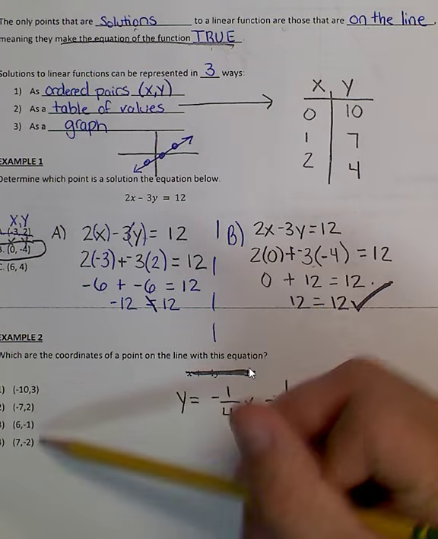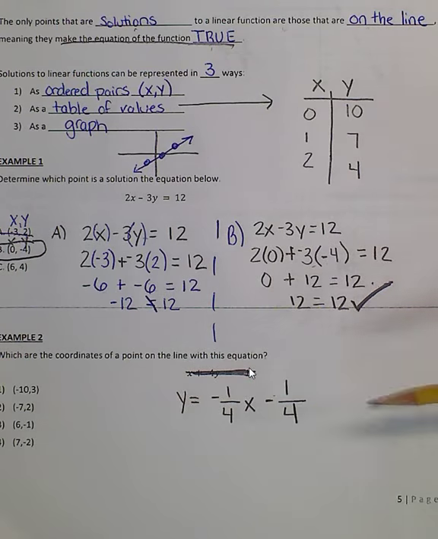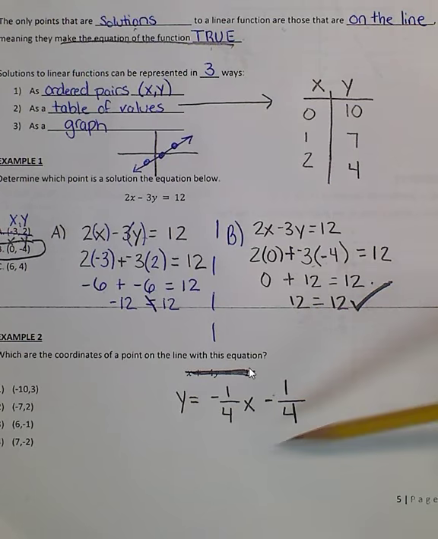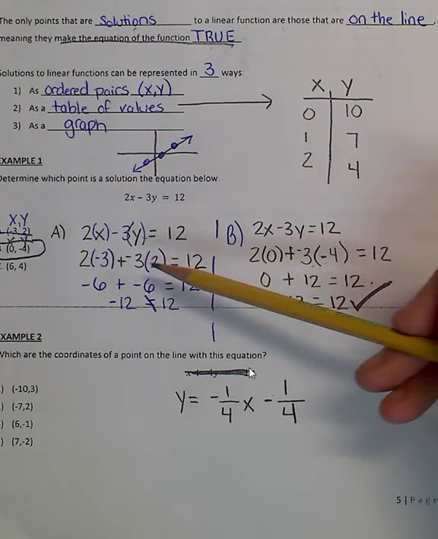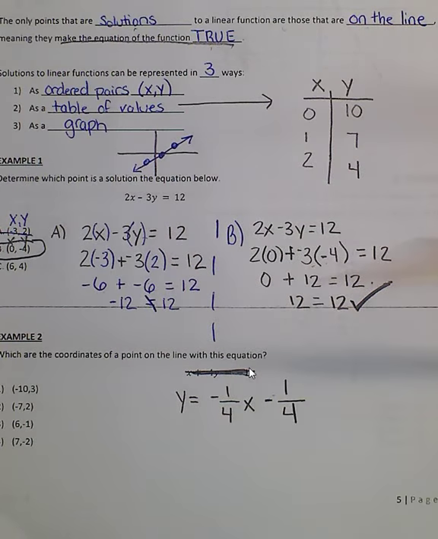Which of these 4 points are a solution, which are on the line of this equation? So one way I can do this is by, again, plugging in x and y for each of these choices. Or I can also do this by graphing. So if you have a set of graph paper, follow the steps we did here.